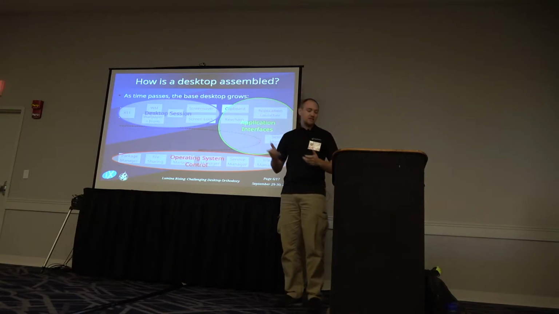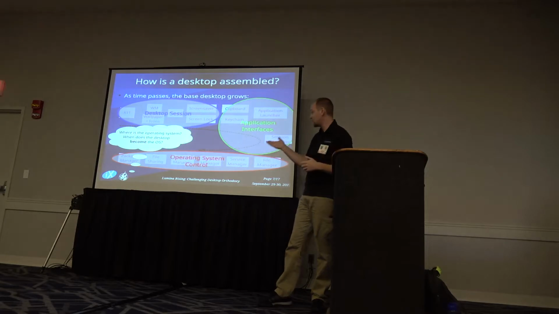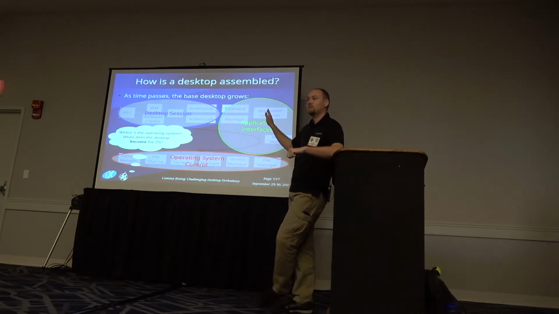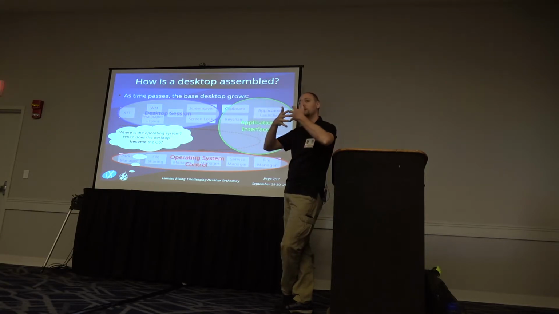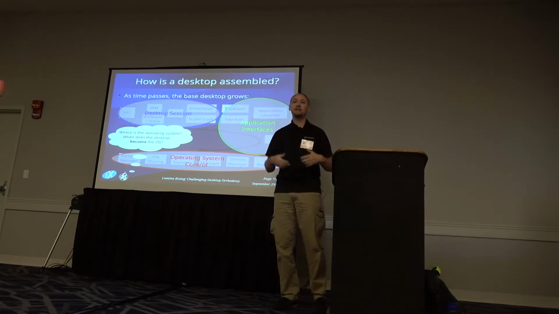So you can start to see these trends. The immediate question that comes to mind, especially with this last phase, is: this is just a desktop we're talking about, so where is the operating system? Where does the desktop end and the operating system begin? There's starting to be a lot of bleed over, a lot of common areas that both of them are fighting for control over.